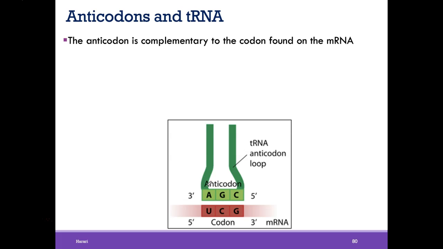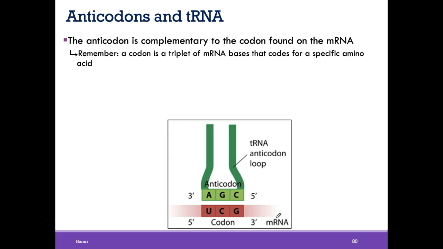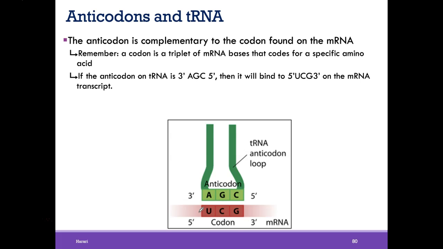So we said the anticodon is complementary to the codon found on mRNA. So if the anticodon on tRNA is AGC, it can only recognize the codon 5' UCG 3' on mRNA. So if this is the codon of mRNA, what amino acid is this tRNA carrying?